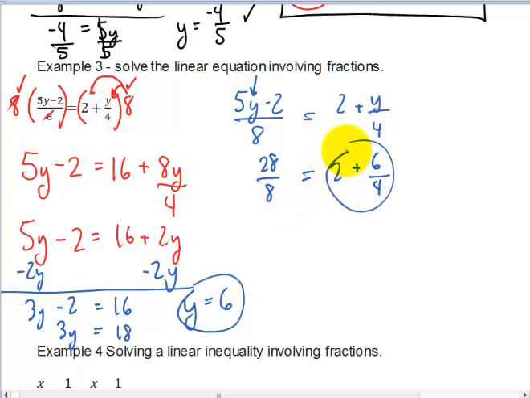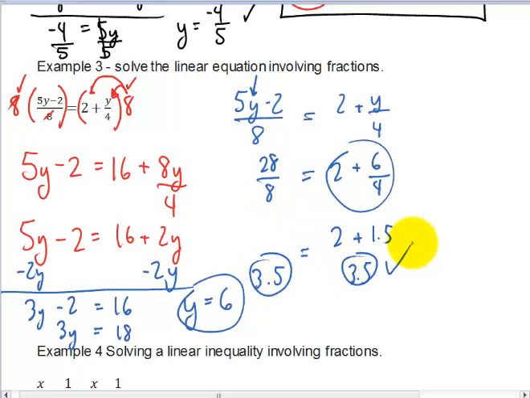This fraction turns out to be 2 plus 1.5 or 3.5, where this side turns out to be, 8 goes into 28 3.5 times. So 8 times 3 gives me 24, a half a time gives me 4, so it checks out.